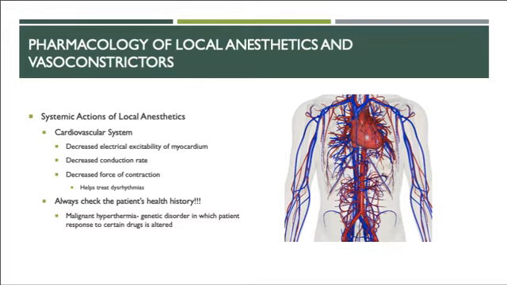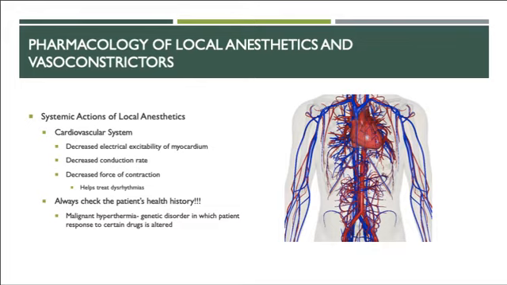And this really makes sense because if it is blocking a conduction of an action potential in nerves, it is probably going to be doing the same thing in myocardial tissue as well. Now, this particular effect can actually be beneficial in treating people that have various cardiac dysrhythmias. The foremost of these are lidocaine, which can be used for treating dysrhythmias, and so forth.